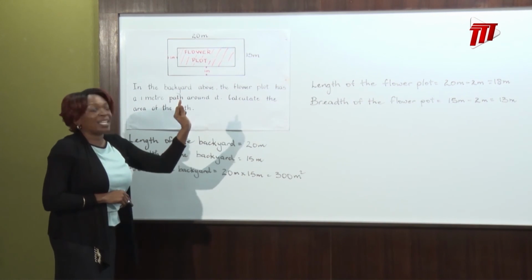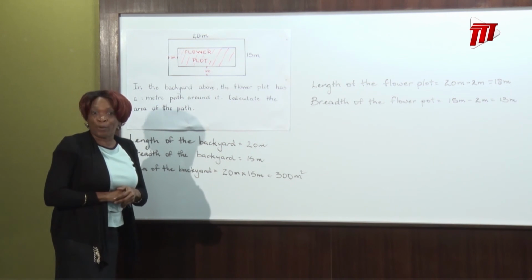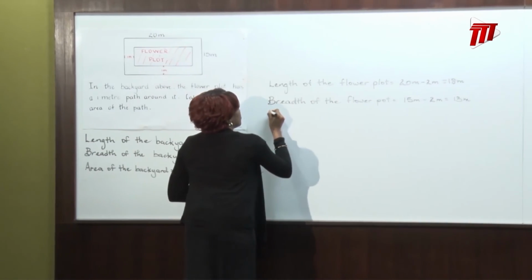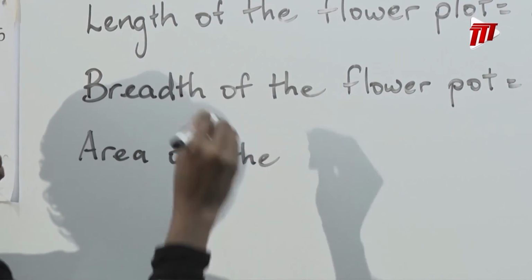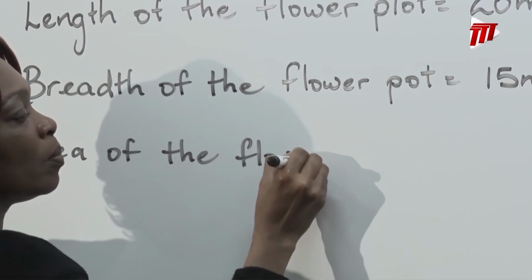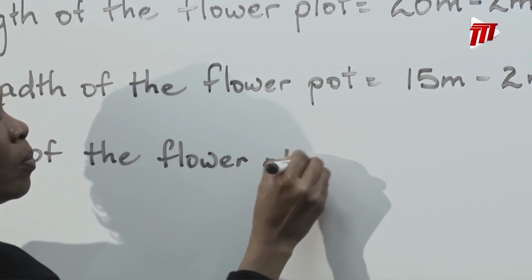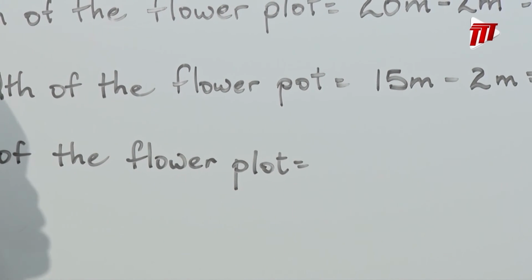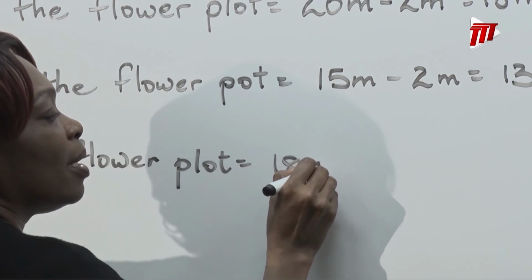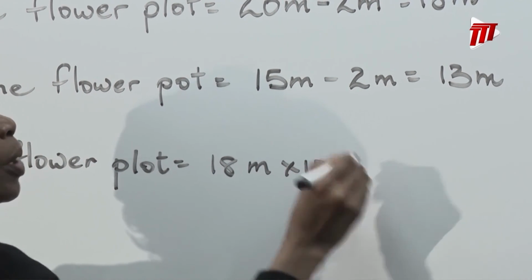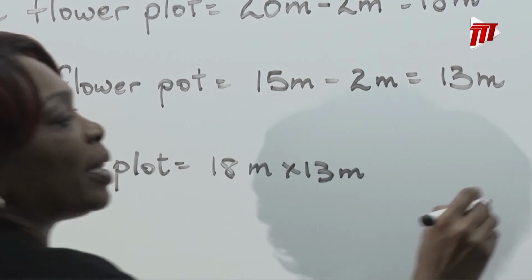Yes, because we now have the length and the breadth. So let's go. And what's the formula? Length multiplied by breadth. So we have the 18 meters multiplied by the 13 meters. So we go to the side and work that out very quickly.